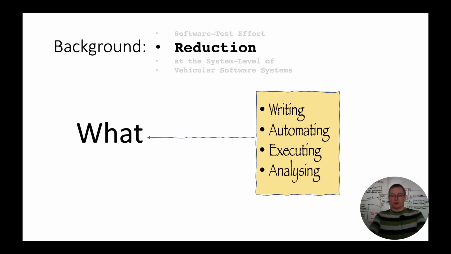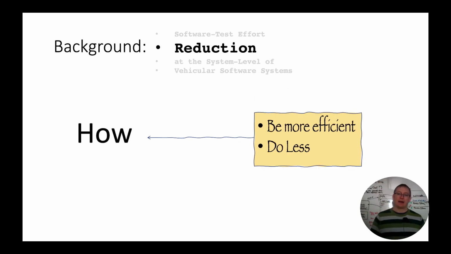And what we are reducing is what I said before. It's the writing of test cases, automating, executing, and analyzing. So these different activities I'm studying to see, can we do something in each of these corners? And of course, how would this be done? Well, actually there are two paths. One is to be more efficient.